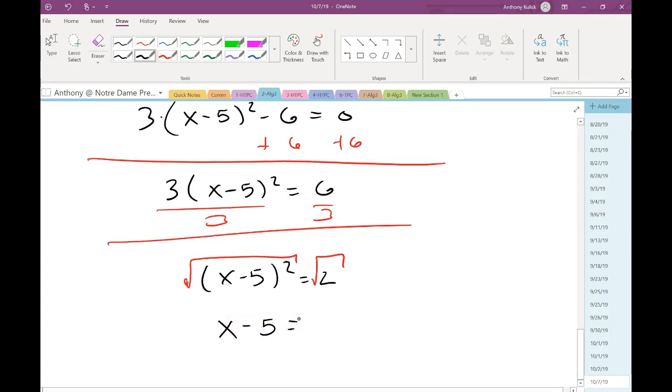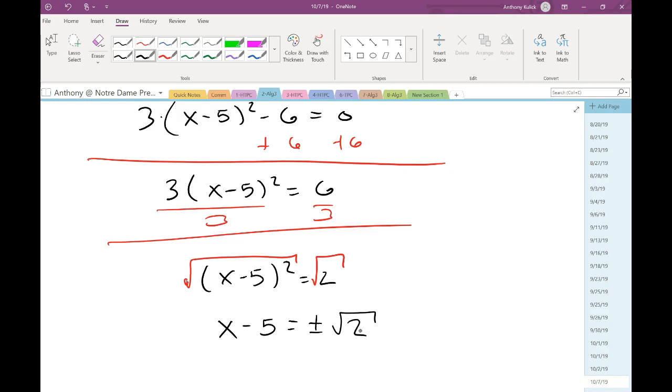Now, when I take the square root of both sides like that, what do I have to remember? The plus or minus. And the square root of 2 is just a decimal, so I'm not interested in decimals. I'm just going to leave it as the square root of 2. Is everybody okay with what we've done here?